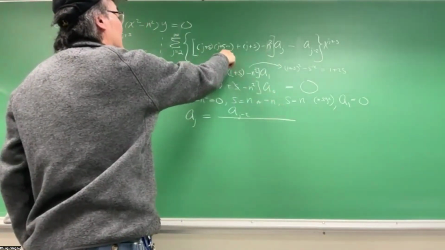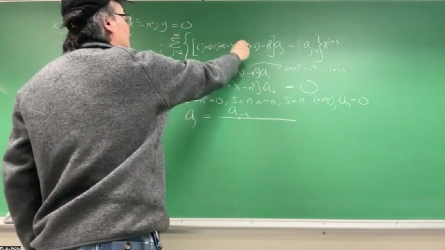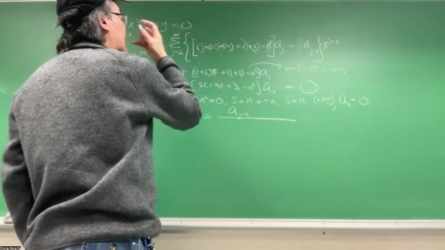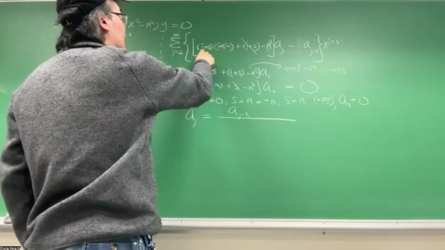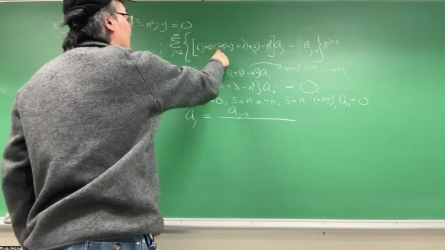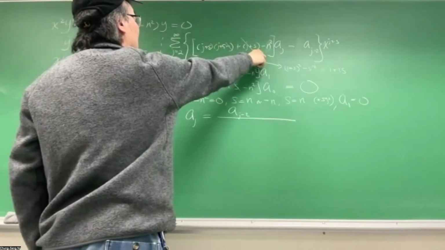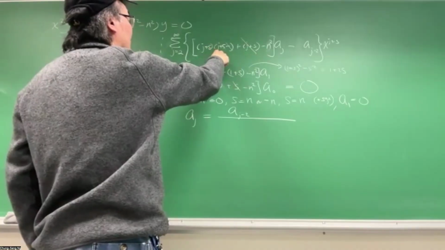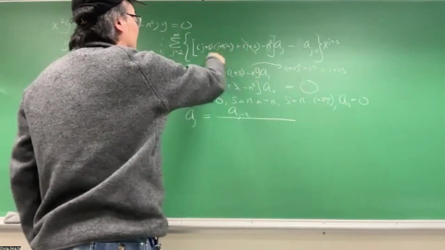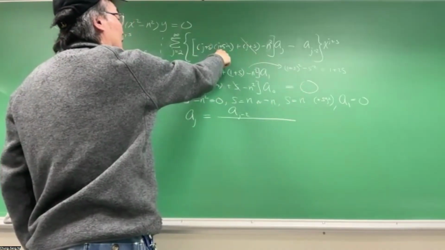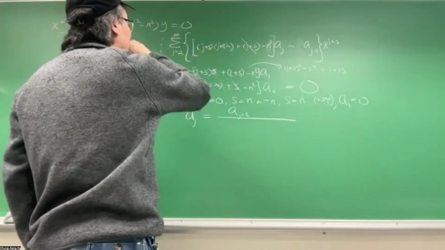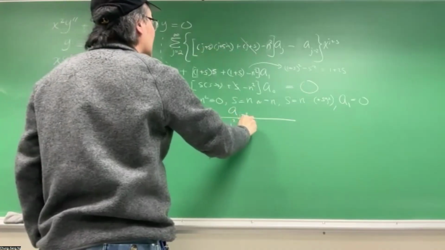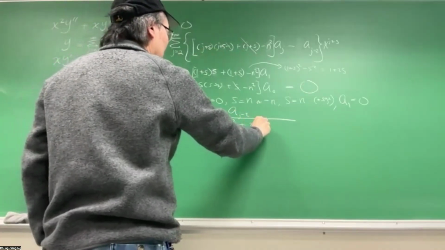We can simplify by canceling this one with the minus sign first. And that becomes j plus n squared minus n squared. The n squared term cancels, so you have j squared plus 2jn.